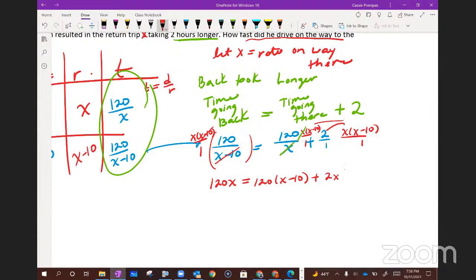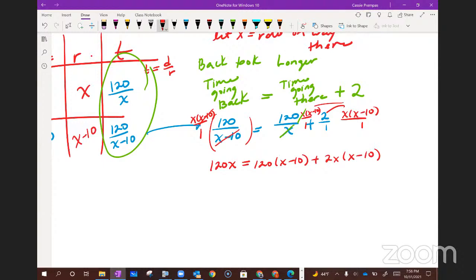So I have 2x times x minus 10. Okay, lots of distributing. So that's 120x is equal to 120x minus 1200 plus distribute 2x squared minus 20x.